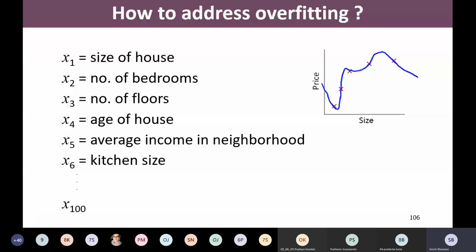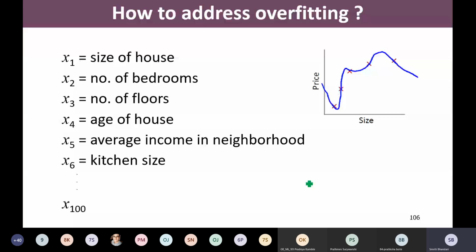Then it is really not possible for me to plot the hypothesis or plot the points in space to visualize what kind of hypothesis might be suitable, or what degree of polynomial to be used to fit the hypothesis. That may not be possible.